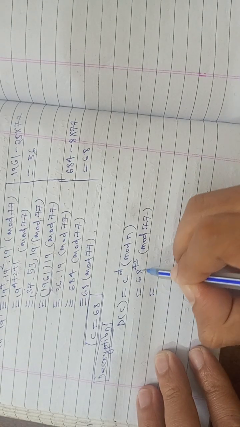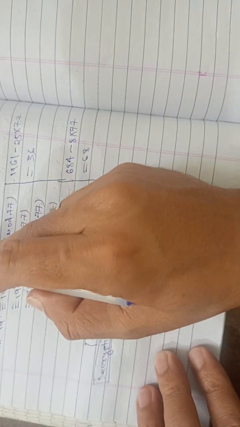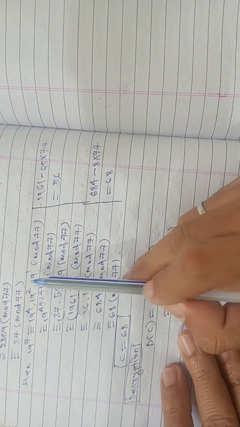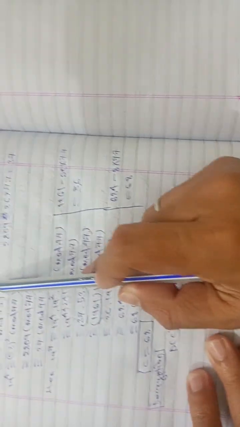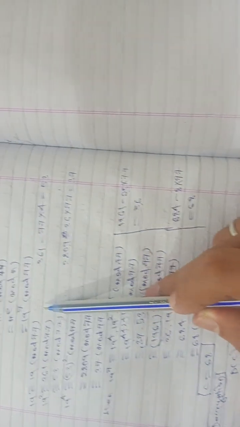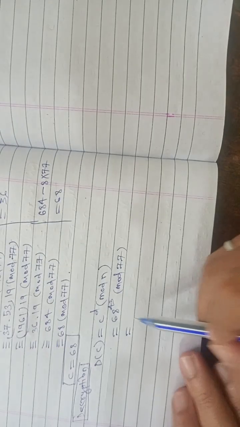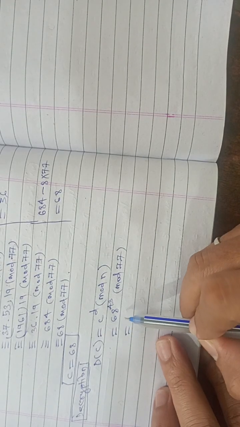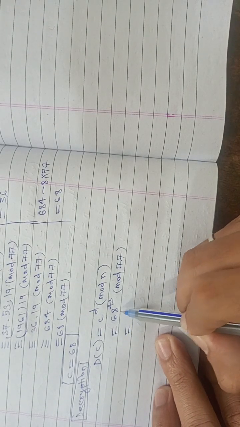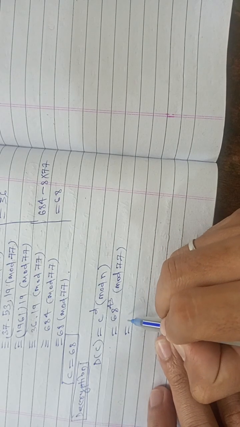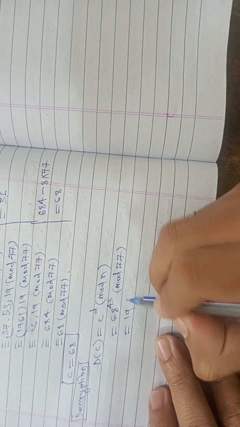Then this value will be 19. You don't need to find the value of this, because you can put directly 19.